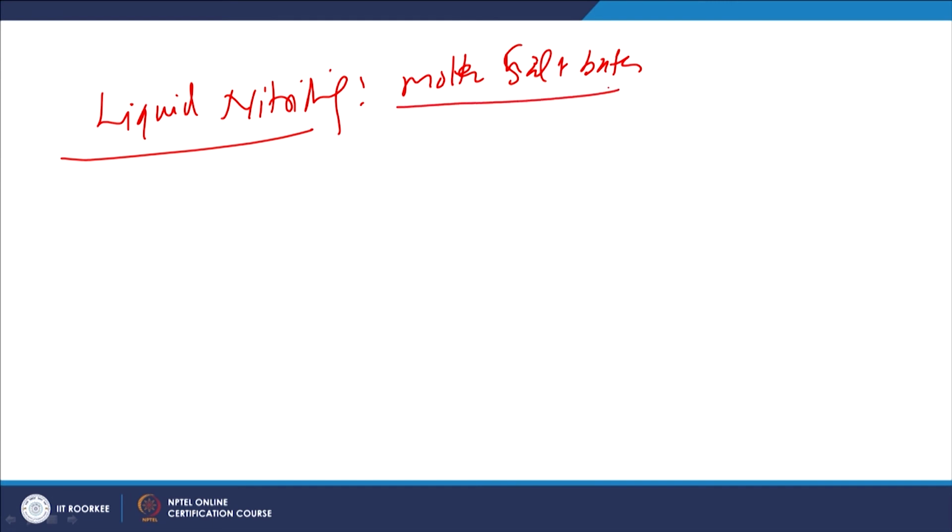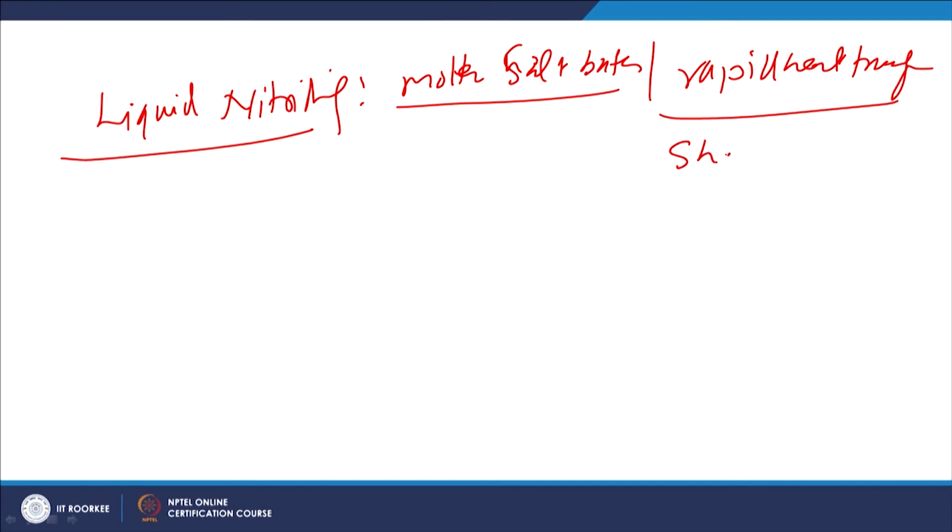The components are dipped in the salt bath, and because of this we get the benefit of rapid heat transfer. So, this shortens the process cycle. The process is fast, and a bulk number of components can be subjected to nitriding in one go.